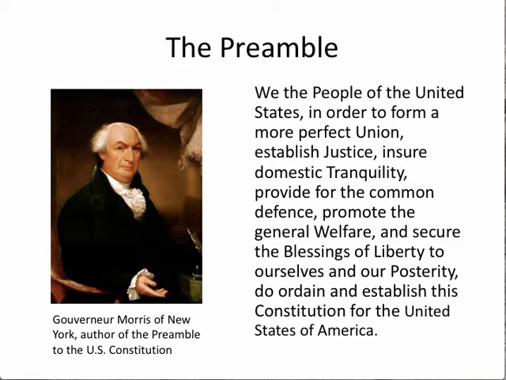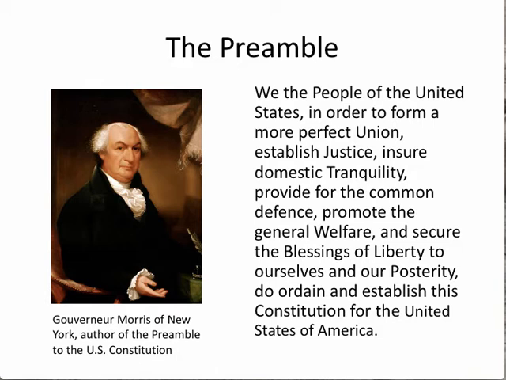Let's break this down a little bit. To my mind, the most important words in the Constitution are the first three words of the preamble. We, the people. In other words, what Morris was saying was that the actual rulers of the country are we, the people. That is, you and me.